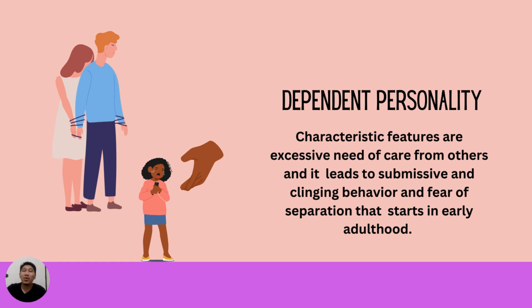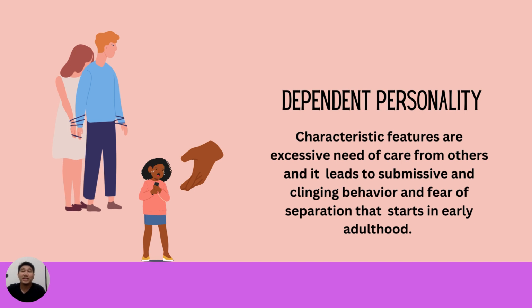So you may also notice that dependent personality disorder, or DPD, and borderline personality disorder, or BPD, both involve interpersonal difficulties and fear of abandonment. But they're different personality disorders.